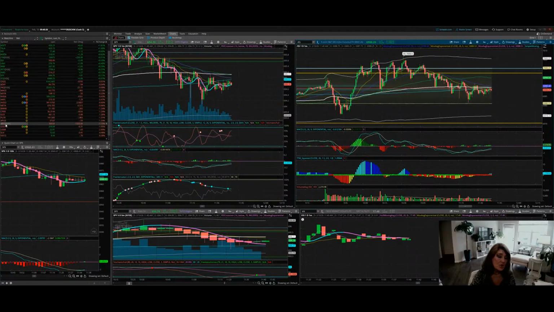Bitcoin's still struggling, but holding on by its teeth over here at 69K. It did drop lower than that, but it's been trying to hold 69. Let's see if it can. All right, another little move down here. Another little rejection off the 200. You can see it right there.